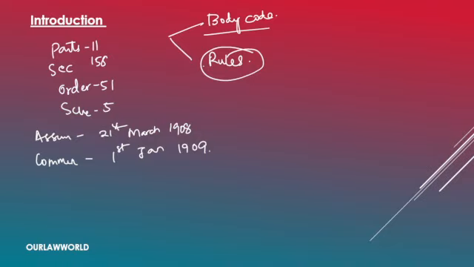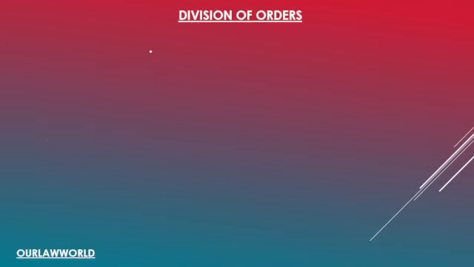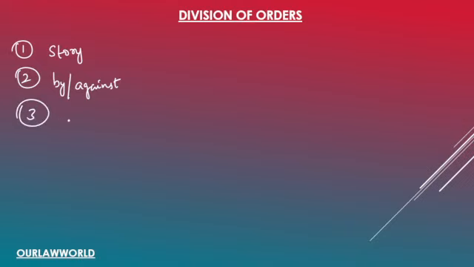Now, while going into the orders, let us divide the orders into a few parts. The first part will go up with a story. The second one will be dividing the suits by or against. In the third part, you learn about all the appeals.